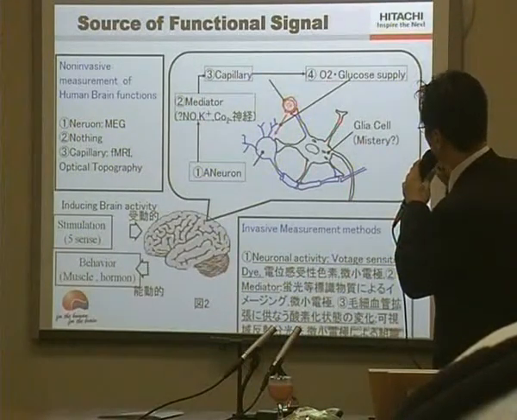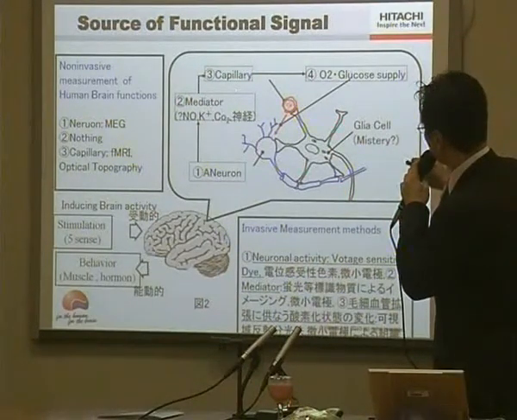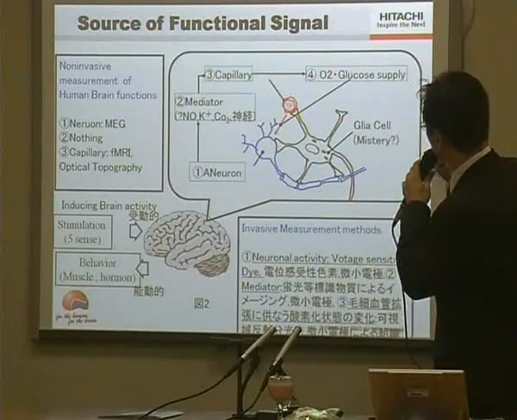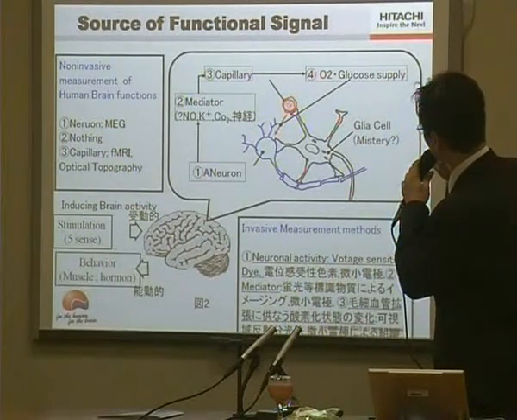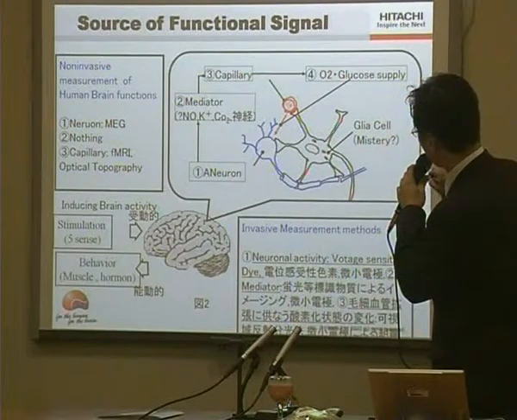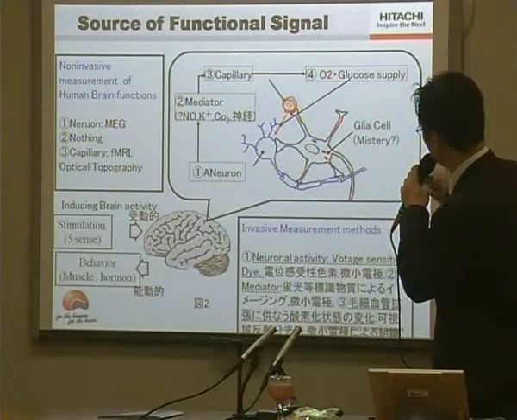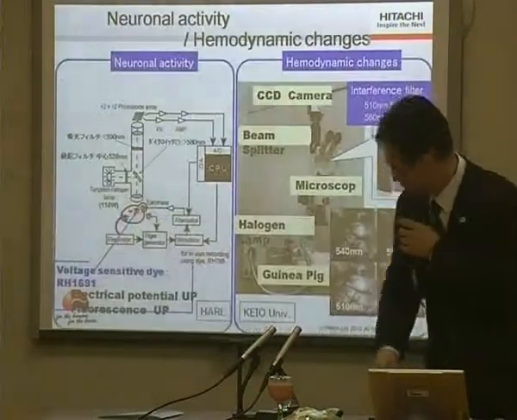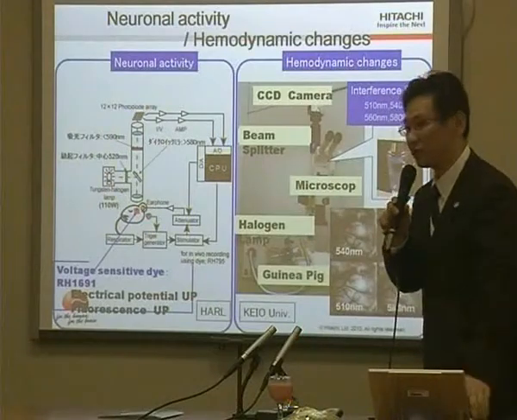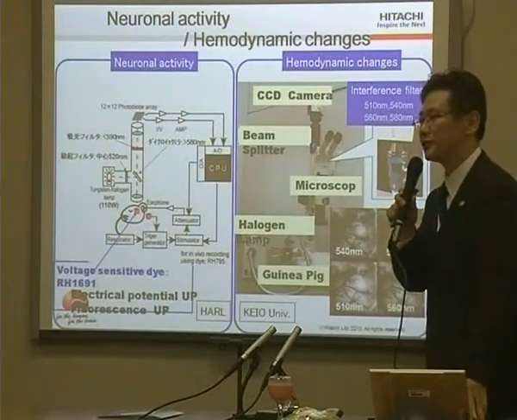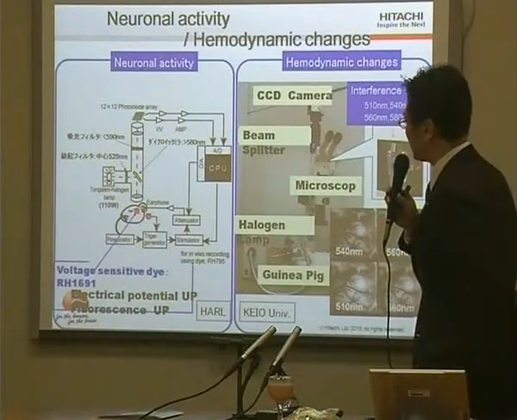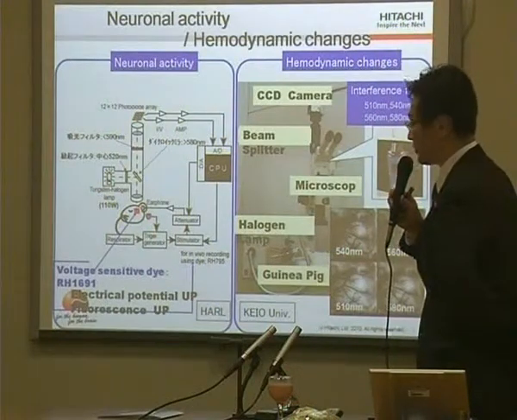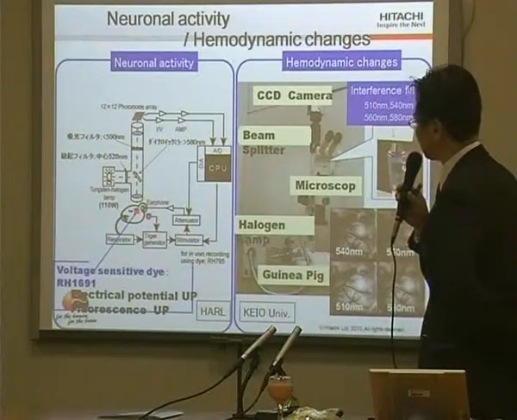And finally, the diameter of the capillary increases, and oxygen and glucose are supplied to the neuron. However, nobody knows the function of the glia cell. So we have also tried to measure the source of the hemodynamic signal using the lab.